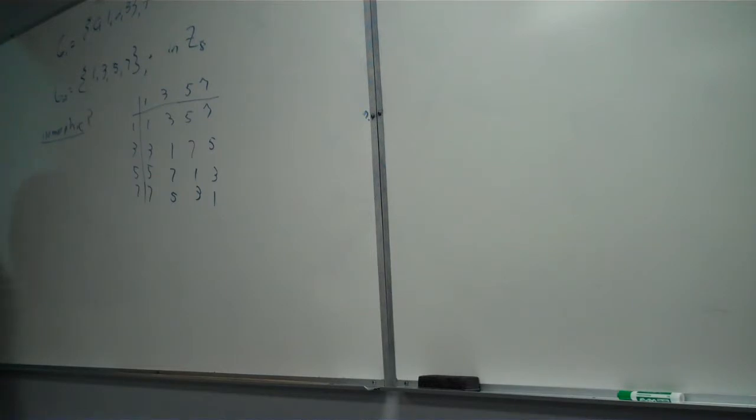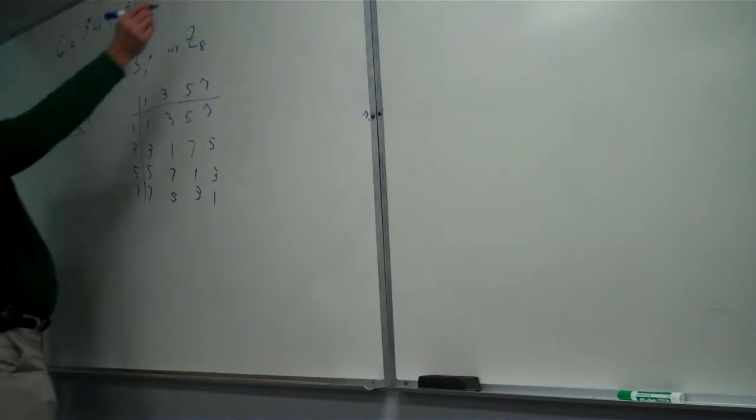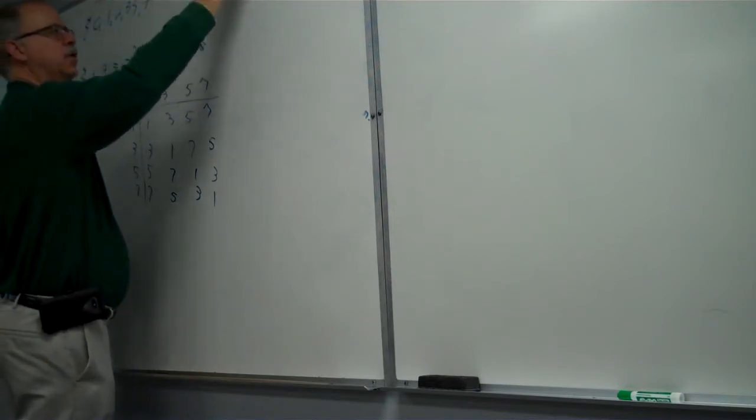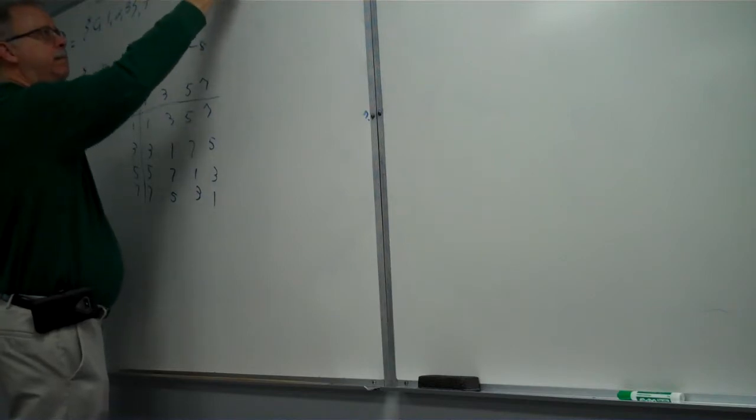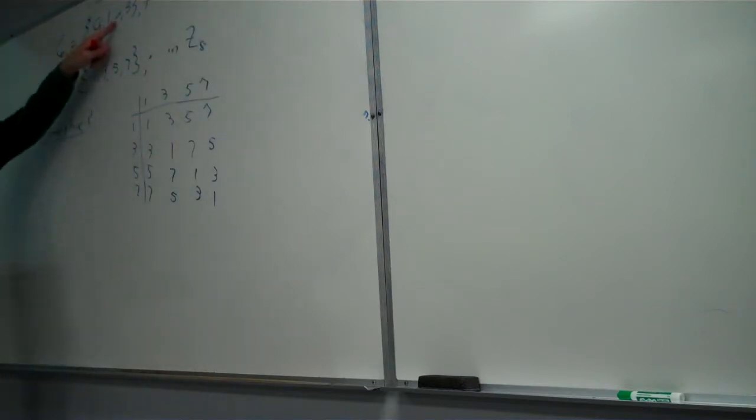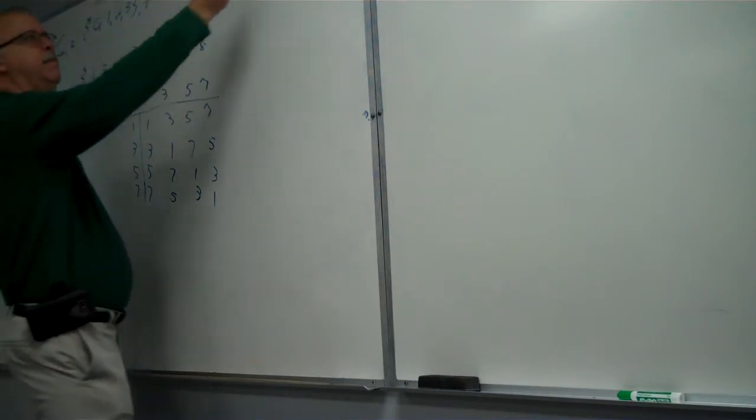Turns out in this particular case there's something inherently different in the structure of the two groups. G1 is actually cyclic. We could generate it with an element. 1 plus 1 is 2, plus 1 is 3, plus 1 is 0. It's a cyclic group.